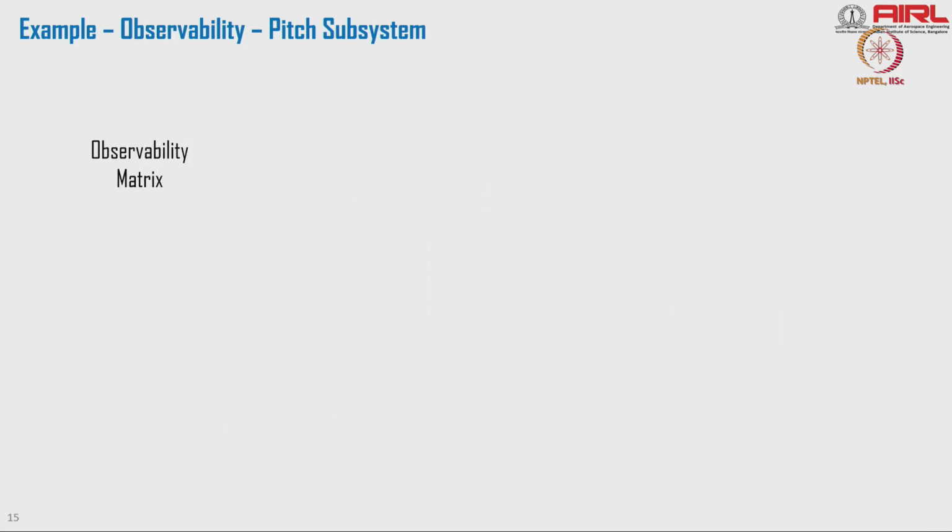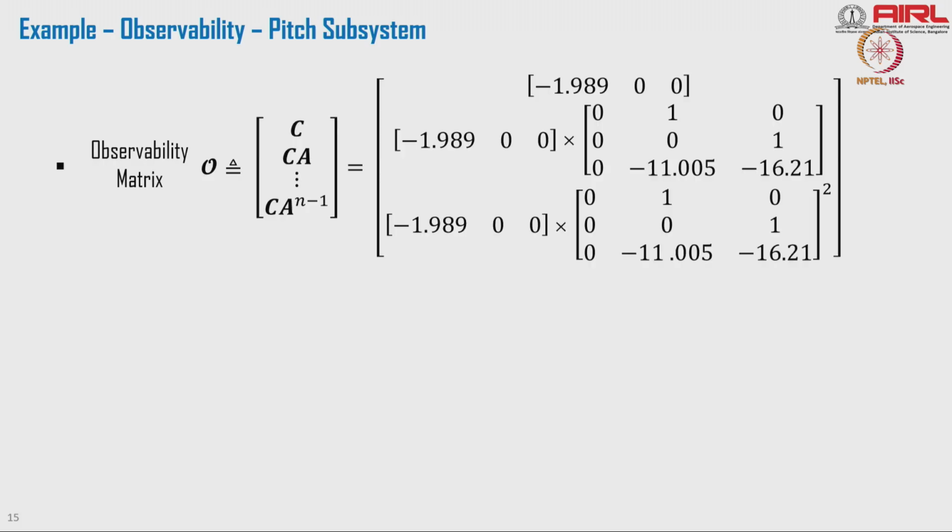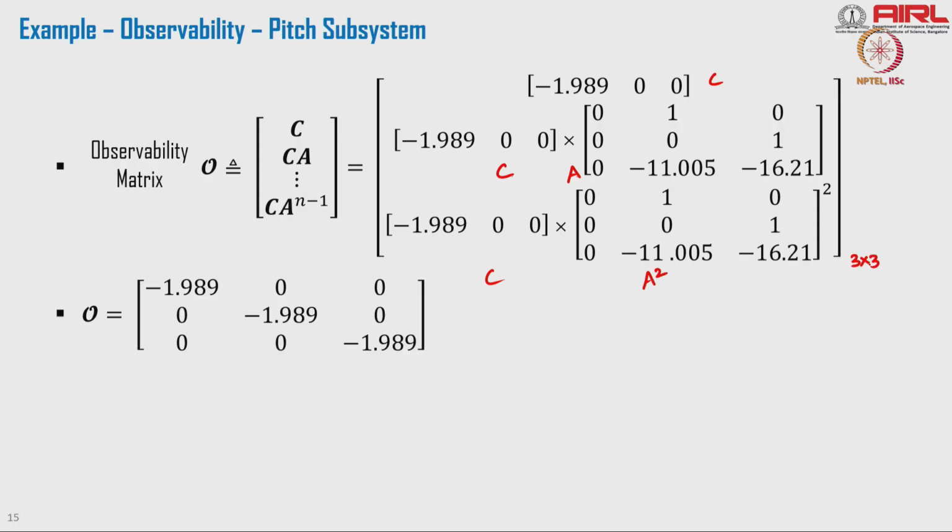Now let's take a look at the observability of the pitch subsystem, where we define the observability matrix O to be C, CA, up to C A power n minus 1, which are the rows of the observability matrix. If we substitute the values for C and A, which is C, CA and CA squared, this observability matrix will be a 3 by 3 matrix.